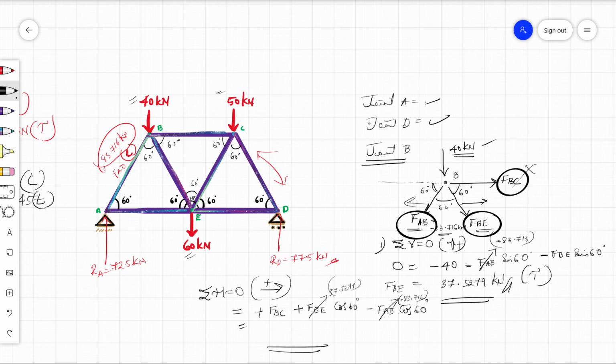If I take FBC to the other side, plus FBC is equal to minus of the whole answer. The minus of the whole answer is 60.62195.